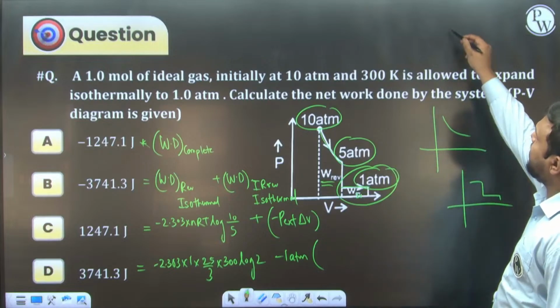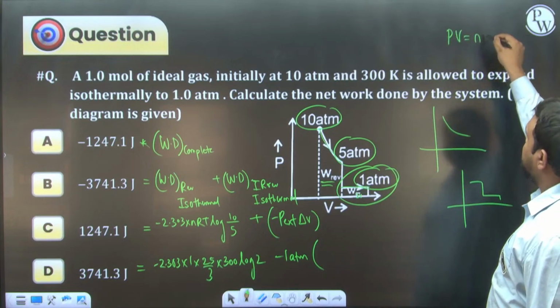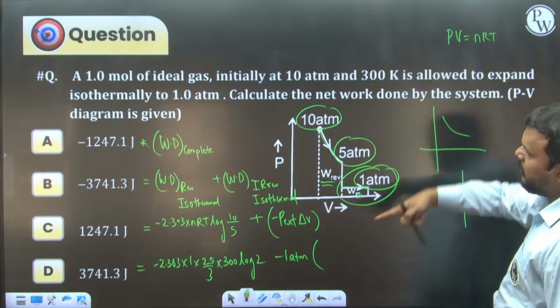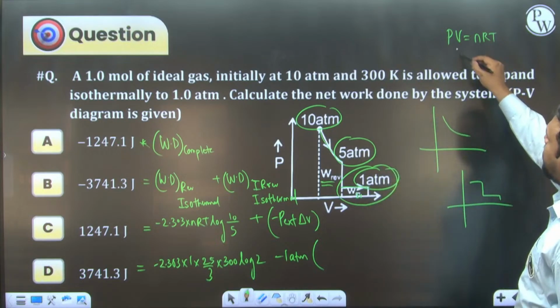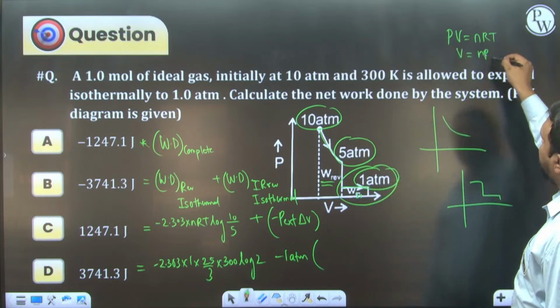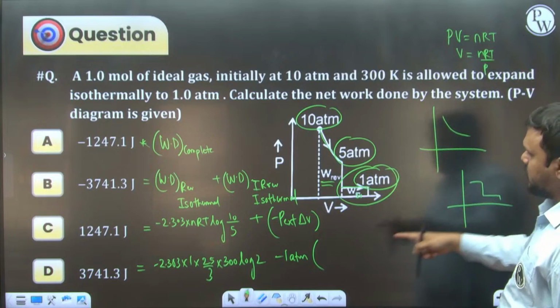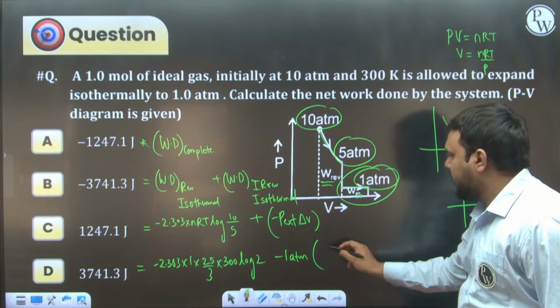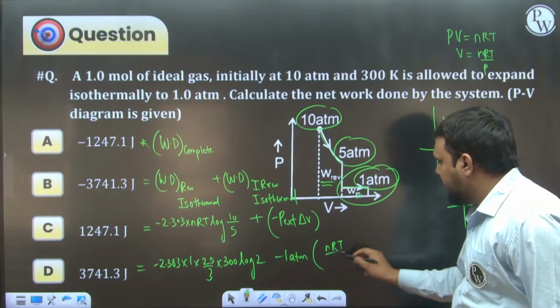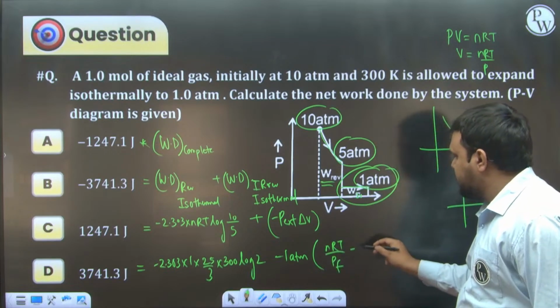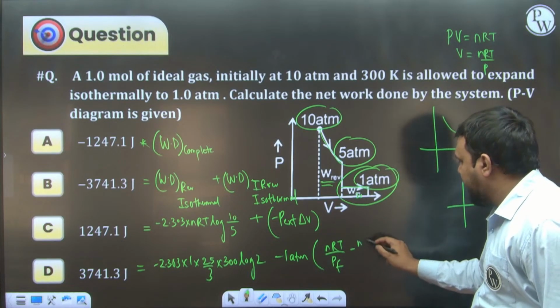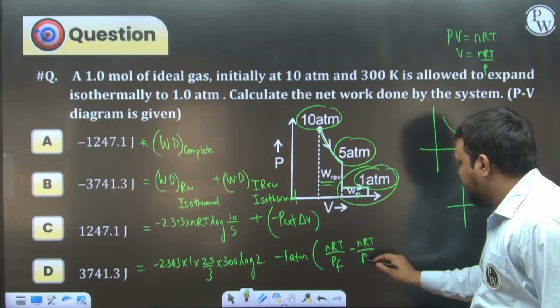See, PV is equal to nRT. So if we are not having the volume values, we can have V is equal to nRT by P. So over here, instead of V final, I am writing down nRT upon P final minus, instead of V initial, I am writing down nRT by P initial.